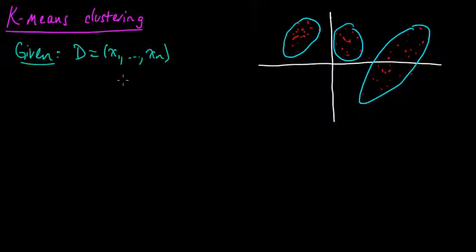And in k-means, the intuition is that there are certain points which are the centers of the clusters, and maybe these are the centers. And each point in the cluster is nearer to the center of that cluster than it is to the center of another cluster.